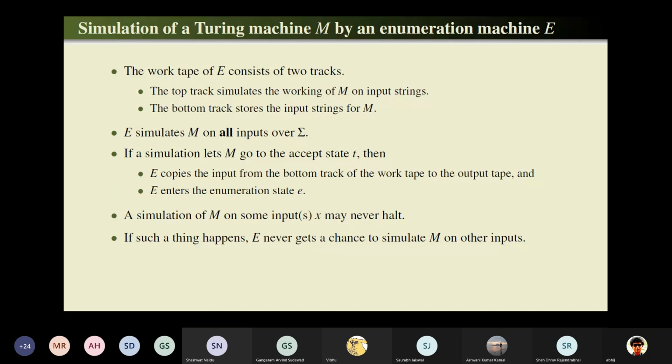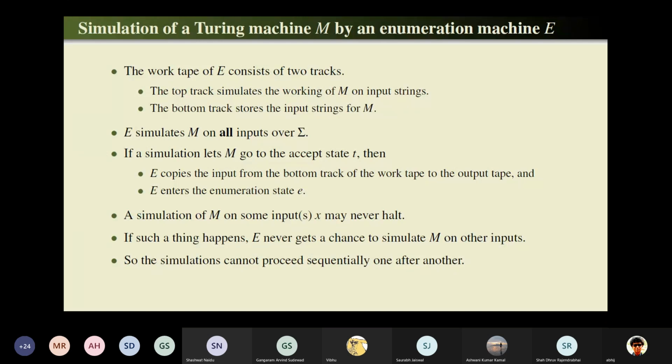There are always an infinite number of them. So the idea is that the simulations must not proceed sequentially. First on maybe input epsilon, then on input 0, then on input 1, then on input 00, 01, 10. This way it should not be done. So all the simulations must run in a sense in parallel. Happy?